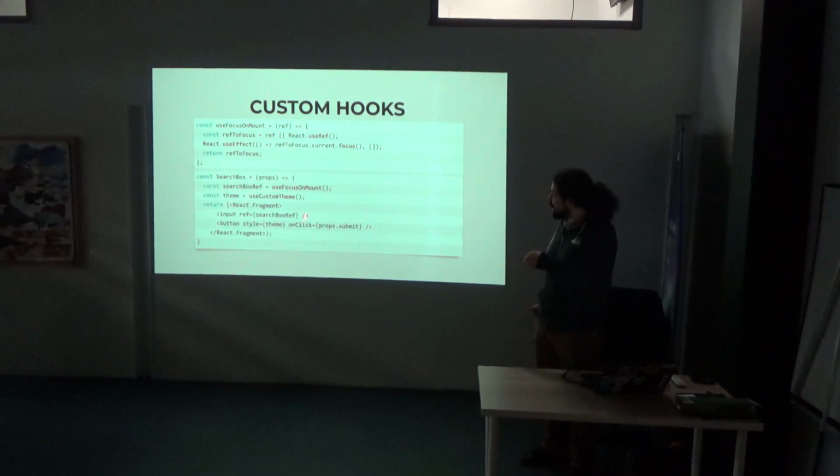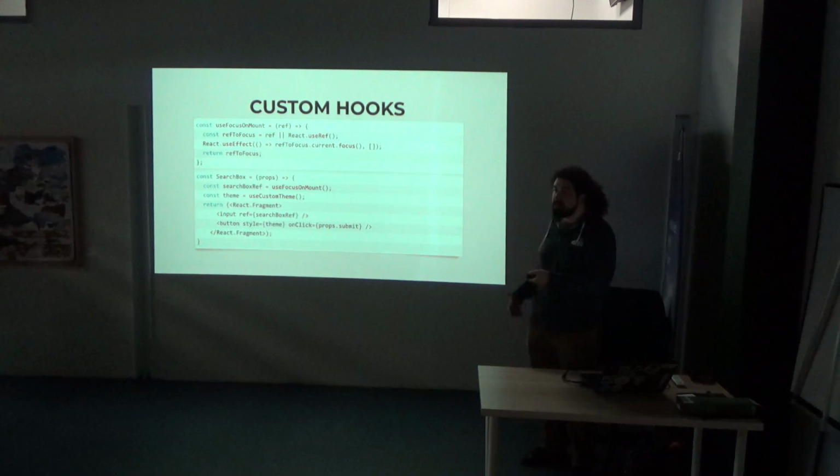And here we have a search box and we say use focus on mount. We can also use the theme. You can use a custom theme hook, which is just a context thing. And then we attach the ref, and because we are using this custom hook, that ref is going to get focused, which is cool. And we can also use the style.